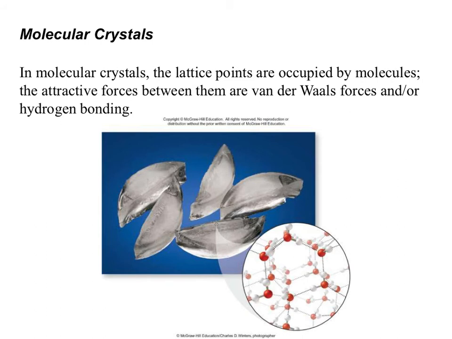The attractive forces between them are van der Waals forces and/or hydrogen bonding. So for example, in water, the molecules are held together by hydrogen bonding, giving you this relatively repetitive lattice structure in ice. Note that the units are not single atoms, they are the actual molecules of water.